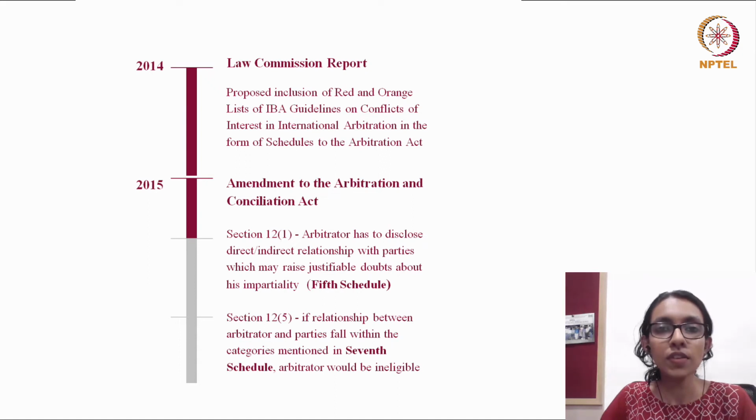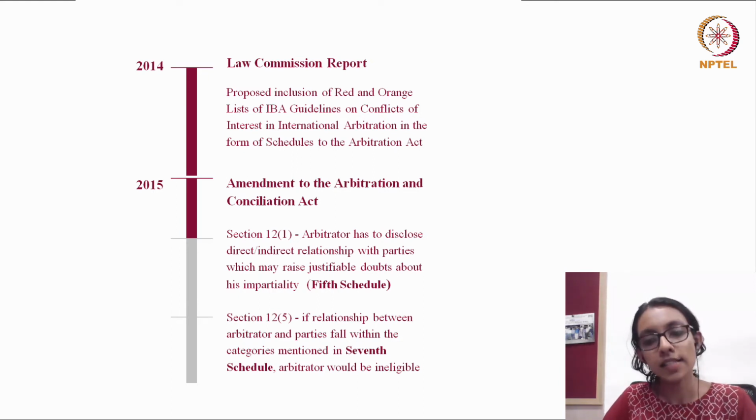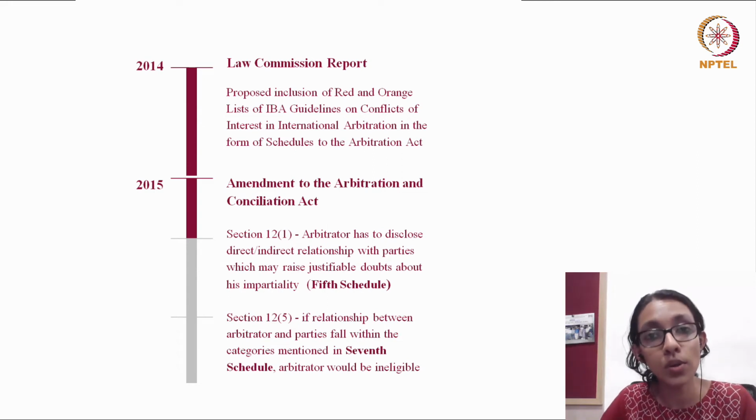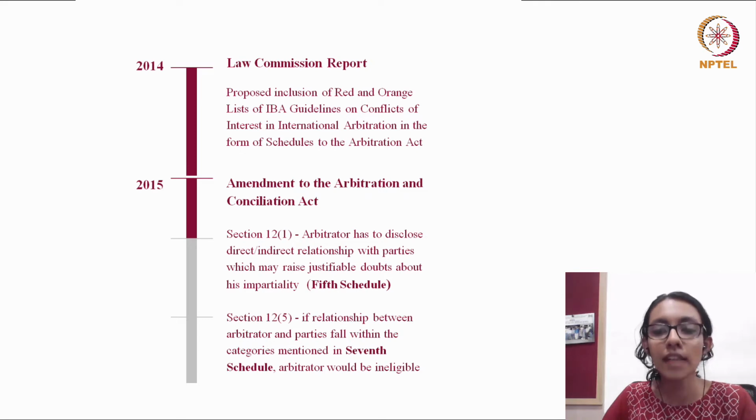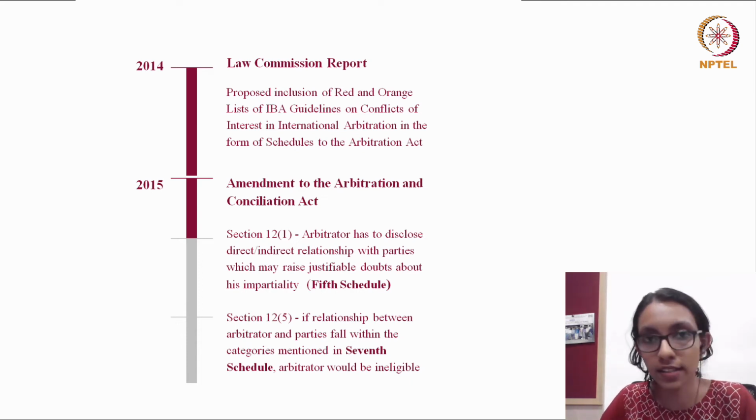The kinds of relationship that will have the potential to raise such doubts about the impartiality have been enumerated in the 5th Schedule to the Arbitration and Conciliation Act. Similarly, there is also Section 12 Clause 5, which states that if the relationship between the arbitrator and the parties falls within any of the categories that have been specified in the 7th Schedule, that would also make the arbitrator ineligible.